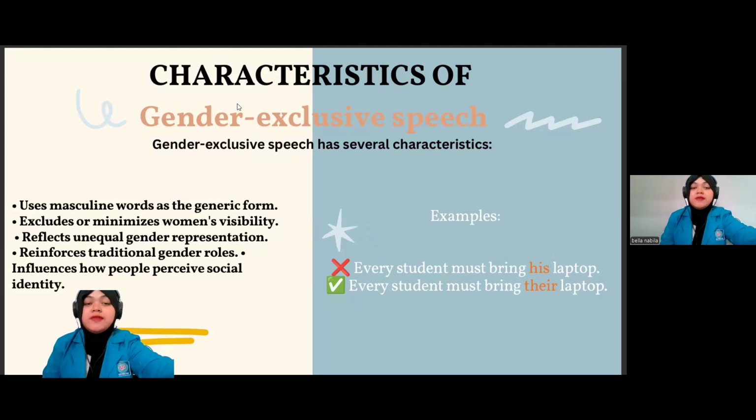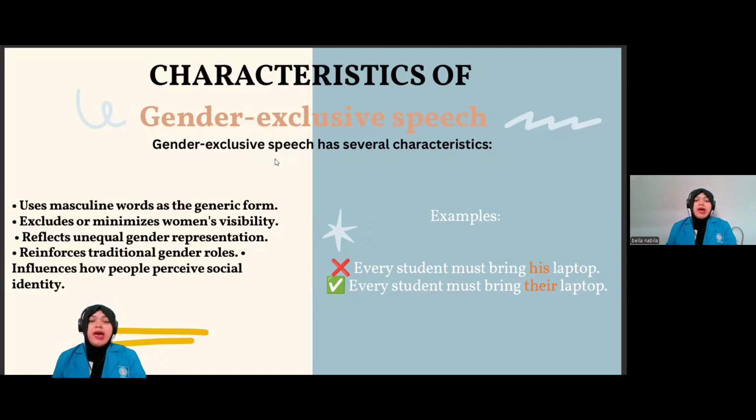Characteristics of gender exclusive speech. It has several characteristics, like using masculine words as the generic form, excluding or minimizing women's visibility, reflecting an unequal gender representation, reinforcing traditional gender roles, and influencing how people perceive social identity.